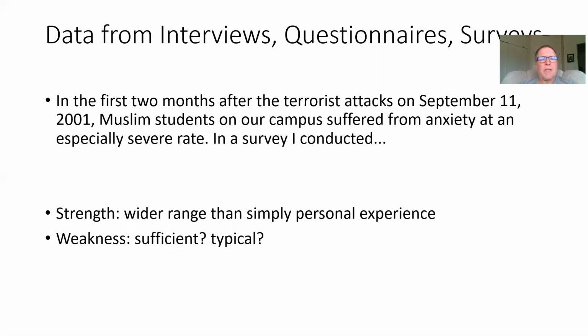It could be also surveys that you get from online. Pew Charitable Trust, for example, does a lot of surveys. Again, this is wider range than your simple personal experience. It may or may not be sufficient. It might not be typical too. It depends on who you're surveying, right? If I surveyed all the people in my family and we think the Slakeys are the best people in the world, right? Well, all right, that's not typical.